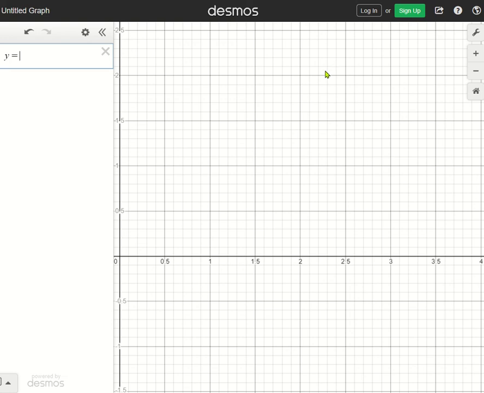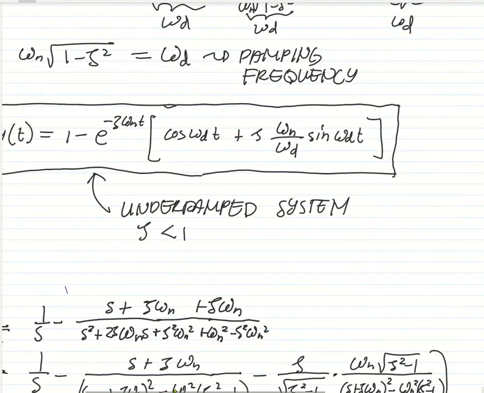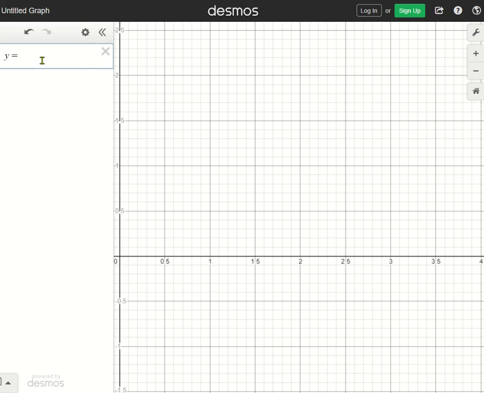We can plot first the underdamped one. So we have 1 minus e raised to negative zeta omega n t and so on. This will be omega d, omega n times the square root of 1 minus zeta squared. So we can make omega n and zeta our variables in this one.